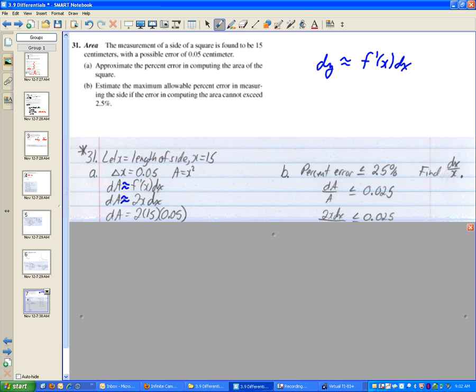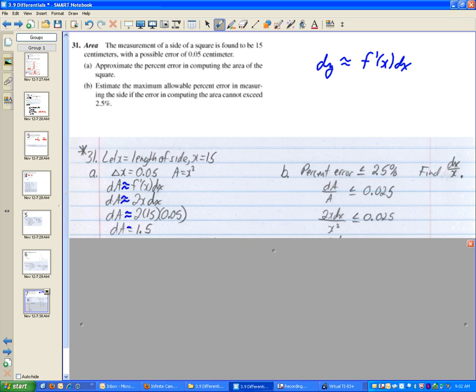And now what am I going to do? Simplify. So that's how we find the approximate error in computing the area. That's the propagated error in finding the area.